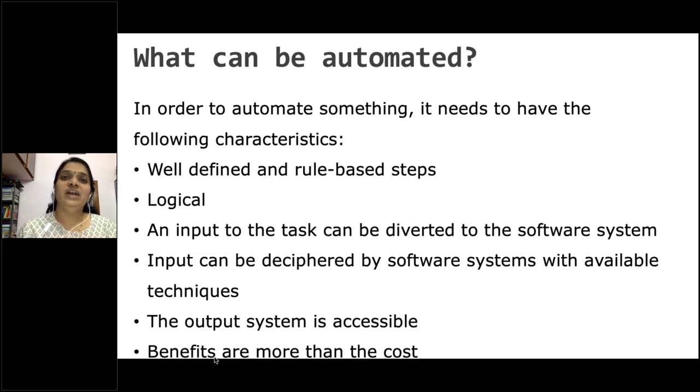If he is paying 5 days later, what is the interest amount I have to charge, or whether I have to block the card, whether I have to send him a mail, whether I have to call him and talk, all those rule based steps have to be well defined, and there should be a logic to be followed. Like if you are a computer person, you know there are if then else statements, so there is a logic to follow. There is a case statement, there is a logic to follow.